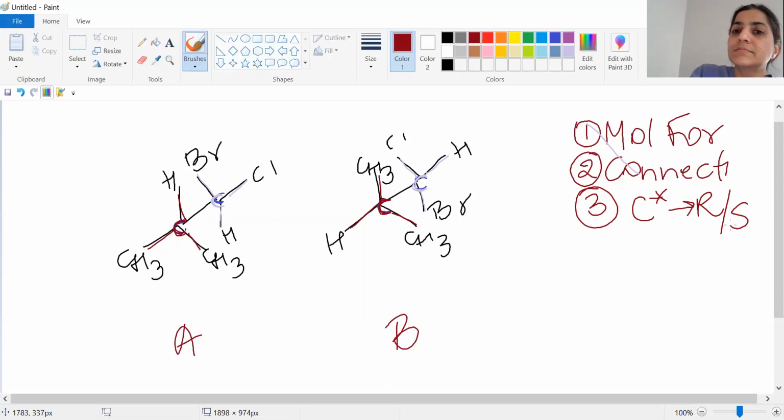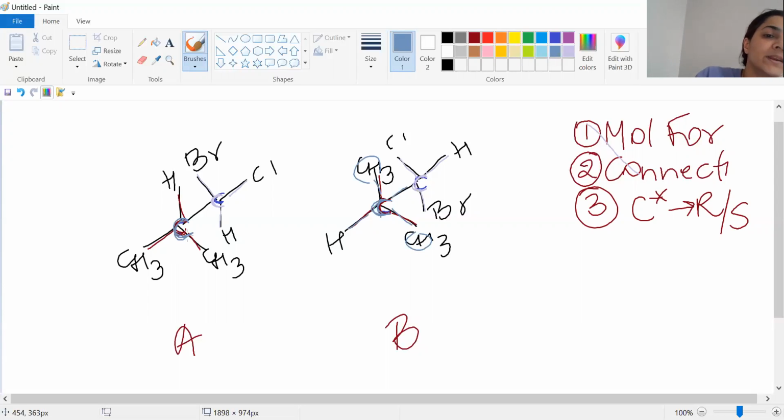Now, my first atom is sp3 hybridized, but all the four groups are not different. The methyl groups are exactly the same. So this atom is not a chiral center.